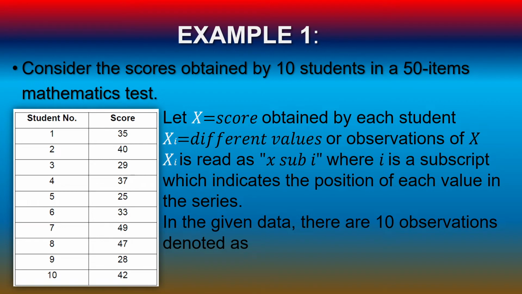Let X be the score obtained by each student. X sub i are the different values or observations of X.